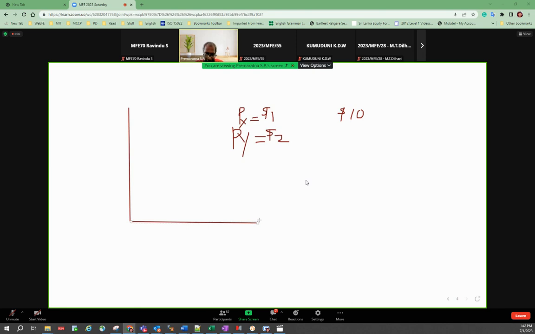Let's say this axis is for X, this is Y. If you spend your $10 only to buy X, somewhere here you can consume. But if you spend only to buy Y, somewhere here you consume.